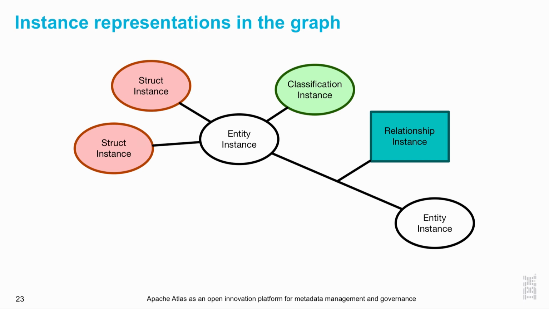So when we classify something as sensitive, we're using a classification object. And then we have a relationship that can connect two entities together. The structs are actually in the original Atlas model, but we've removed that from the open model because we haven't actually found a real need for it. So we've kept it simply to relationships, entities, and classifications.